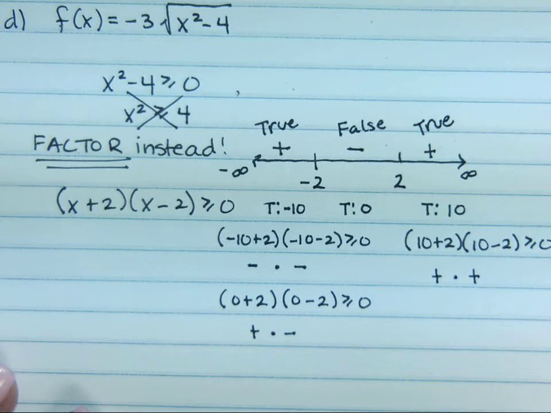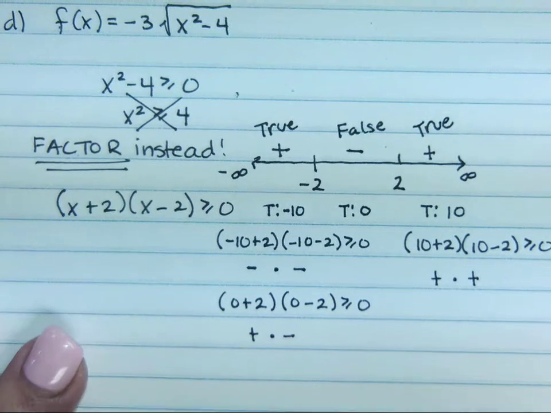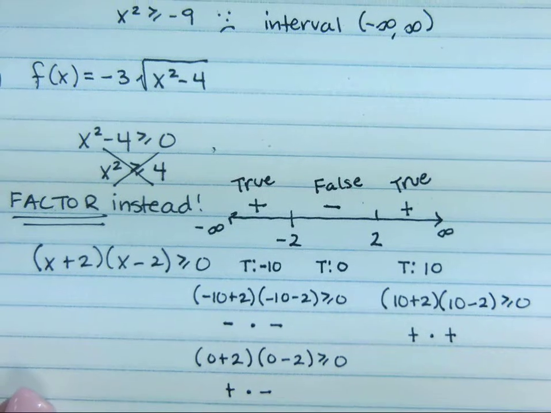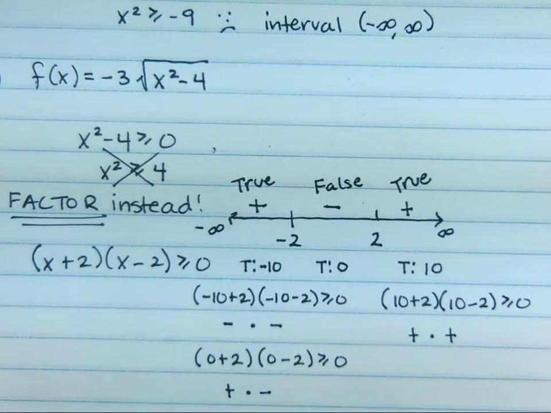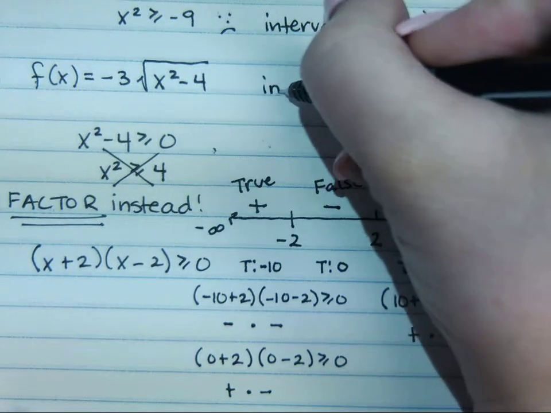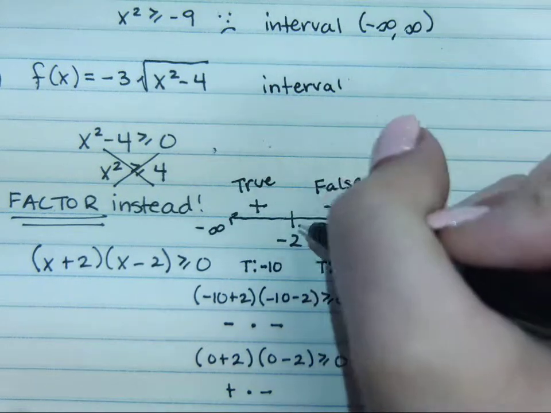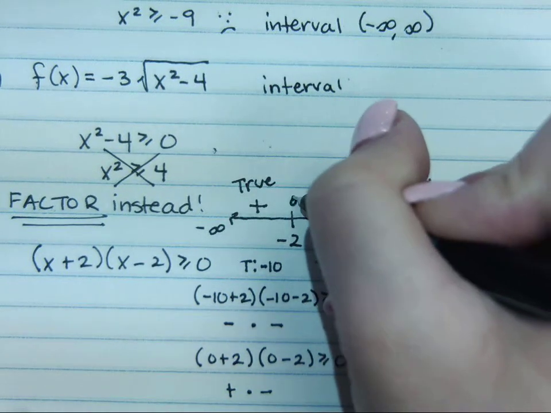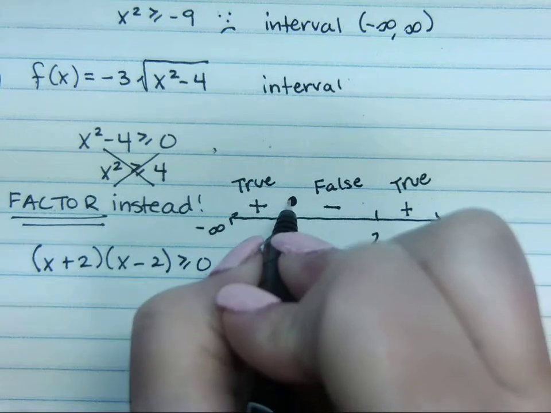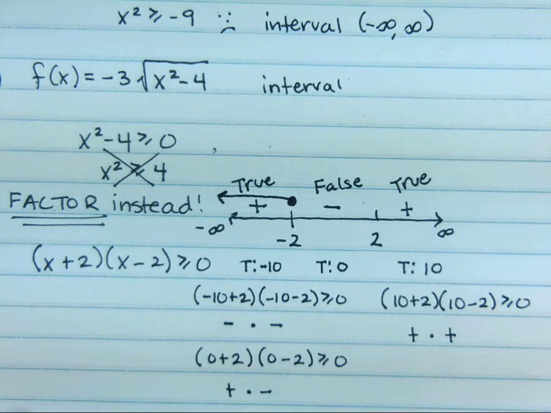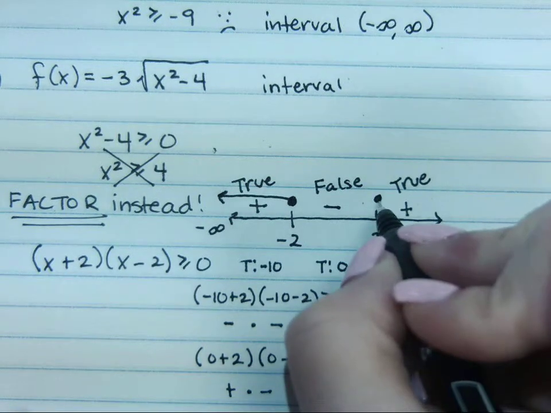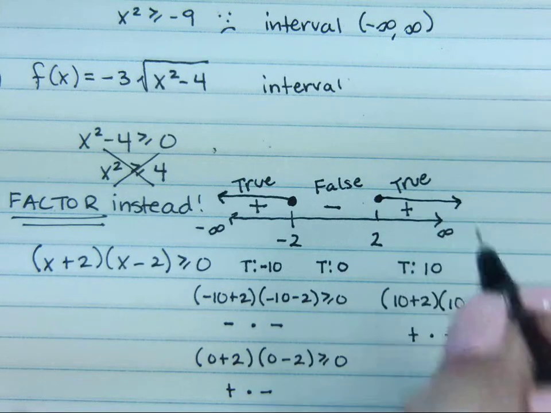Right? So what we have is a number line where I have more than one section of the number line which is going to be in my domain. So let's look at what this looks like in terms of interval notation. In terms of interval notation, what that means is that I get to use starting from negative 2 and going towards negative infinity, or I get to go from positive 2 towards positive infinity.